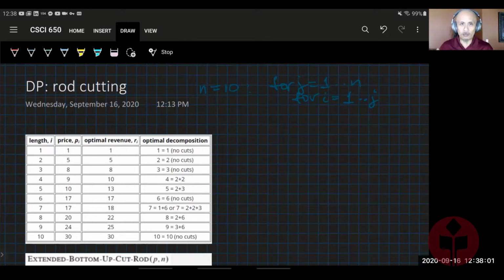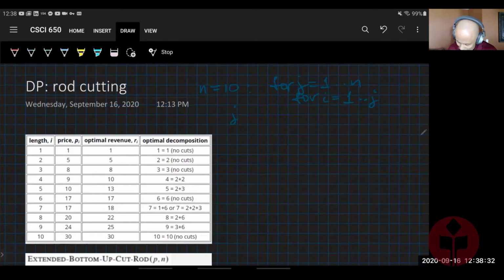So since the outer for loop is based on j, we are going to keep track of the various values for j. So let's start developing our table to keep track of what's going on. So we need to keep track of a j value, so that's the iteration. We want to keep track, because this is our table that we're trying to generate, of our price sub j.